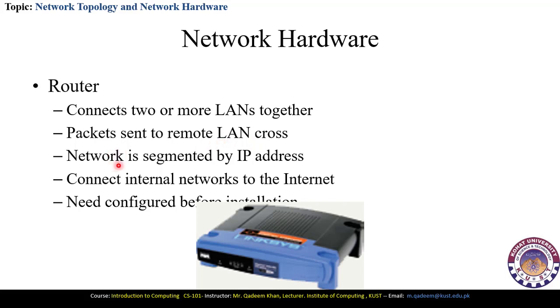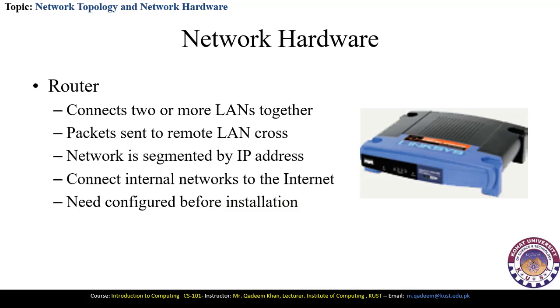The network is segmented by IP address. Every network has an IP address, and then this router will decide which path we have to send the data through. It connects internal networks to the internet. One network, for example KUST, is connected through the overall internet, where we can view or send data from our university networks to global networks.